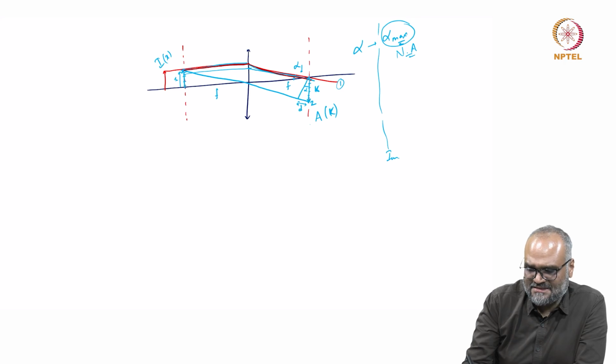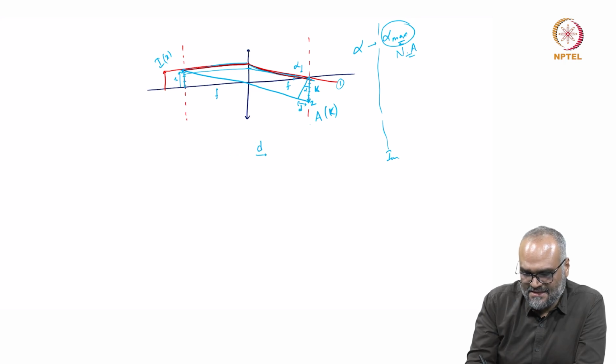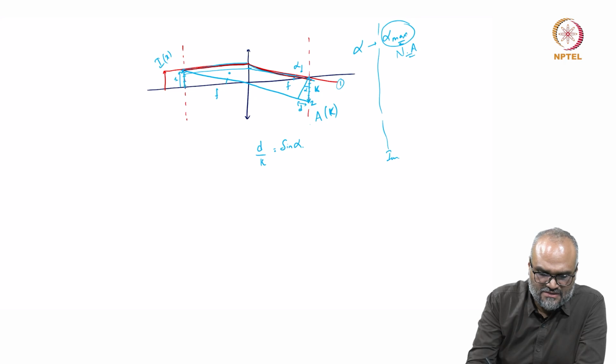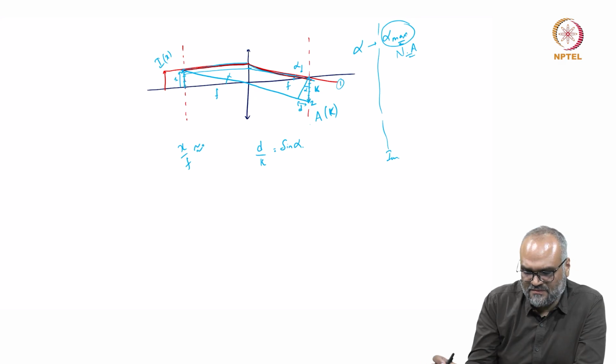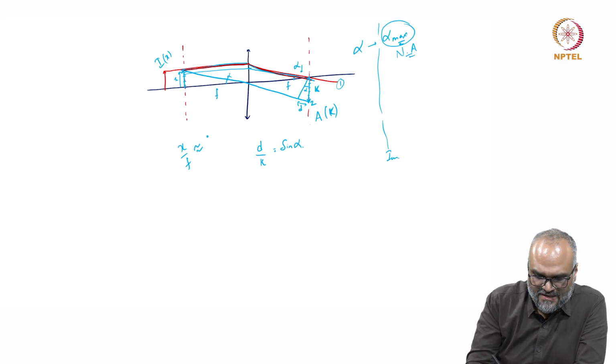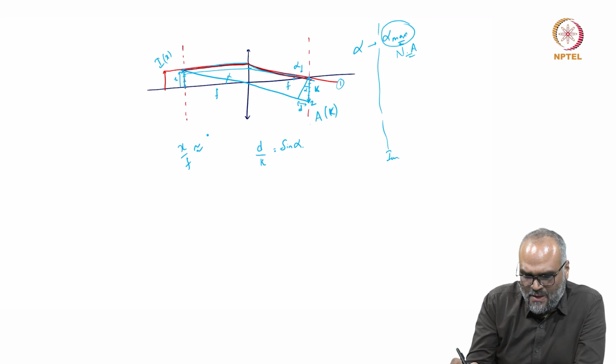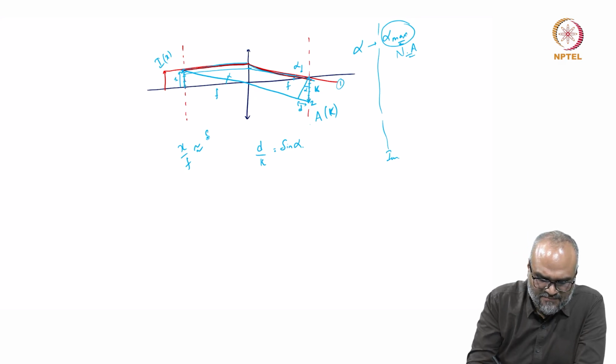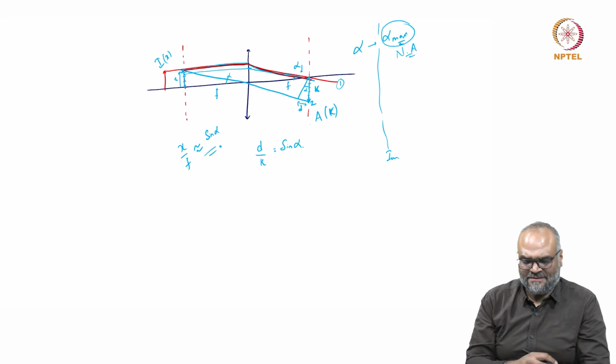So, if you look at this simple triangle here, I can always write d over k is sine of alpha, and over here I also have an alpha here. x over f is actually tan of alpha, but for the low angles that we are seeing, it is approximately sine of alpha as well.